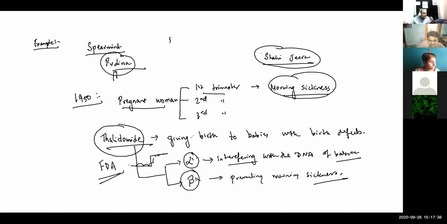So as a result, since it was interfering with the DNA of the babies, it was giving a faulty genetic makeup to the babies. So babies were born with genetic defects, or sorry, birth defects.